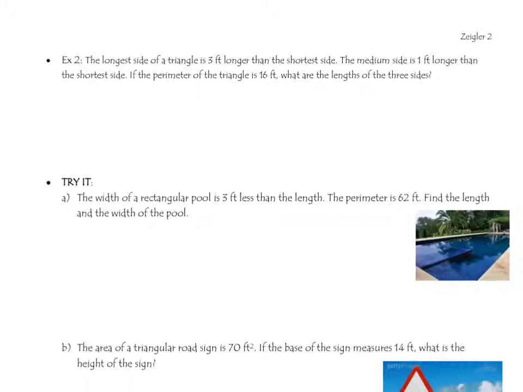The longest side of a triangle is 3 feet longer than the shortest side, so we have a triangle that looks something like this. And here's one side, x. The longest side is going to be the shortest side plus 3, and the medium side is going to be the shortest side plus 1.